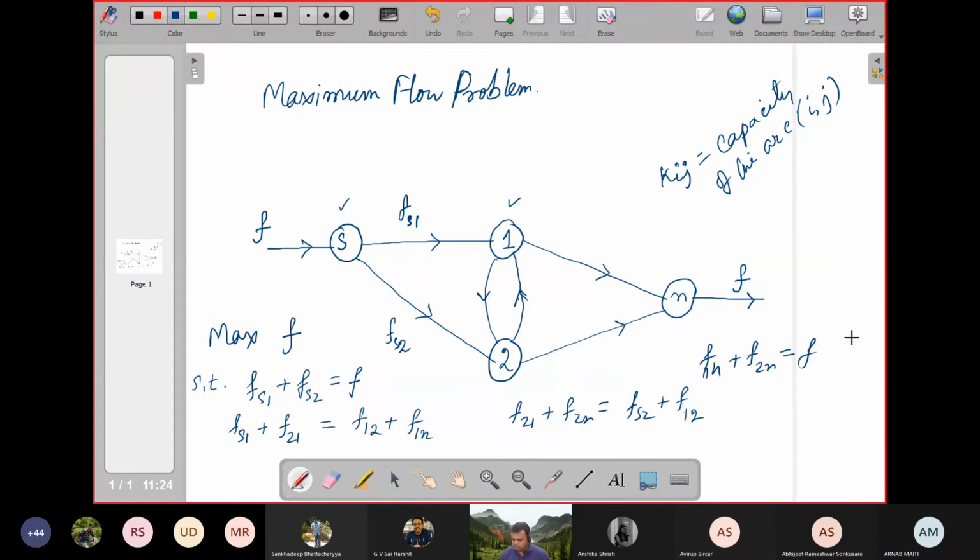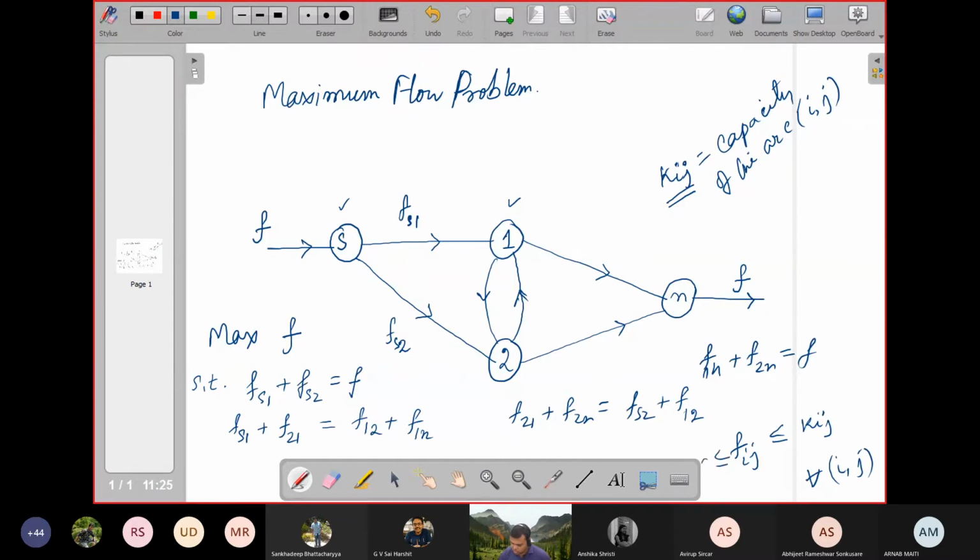Capacity constraint, right? So you have to make sure that these flows should not exceed the capacity available along that arc. We know the capacity value Kij, so this is an input to you. You know these values, right? And these flow variables, you have to restrict so that Fij should be less than or equal to Kij, for all ij pairs in the network.